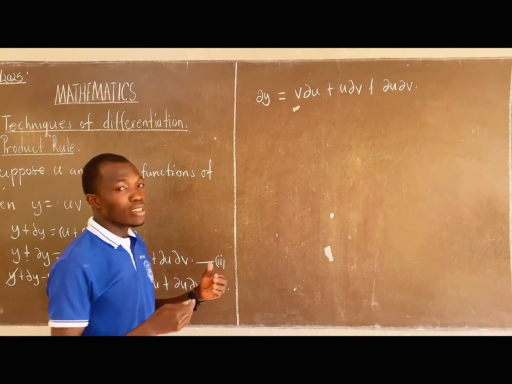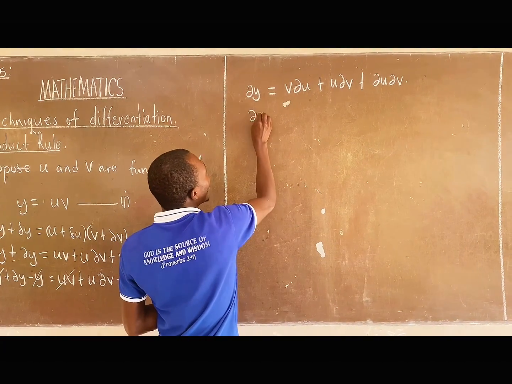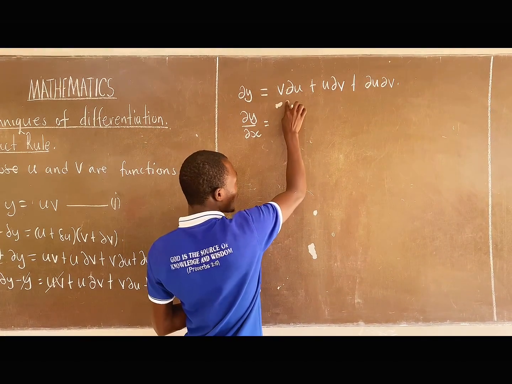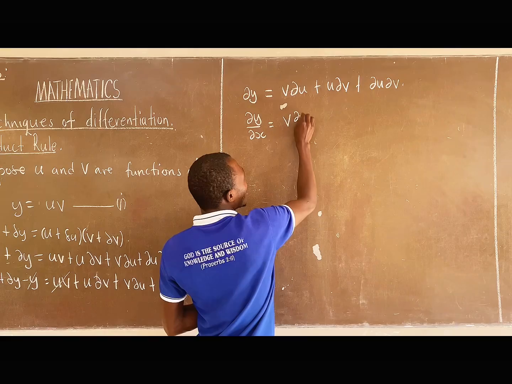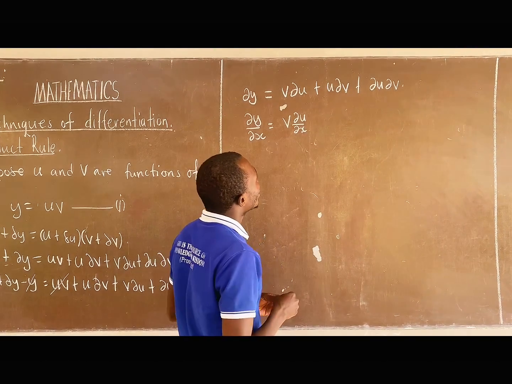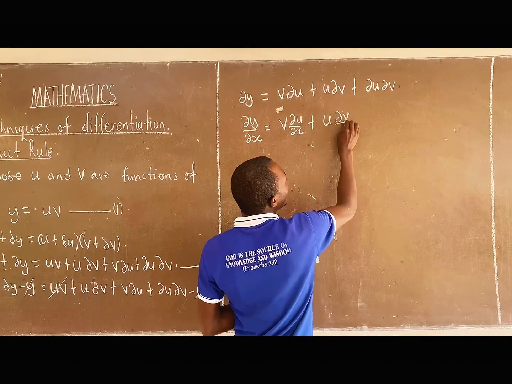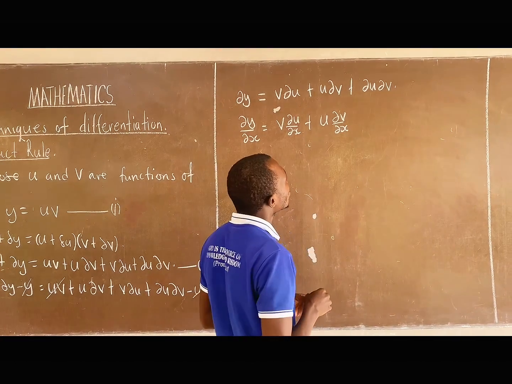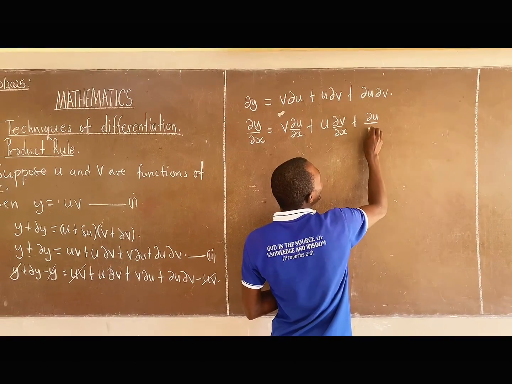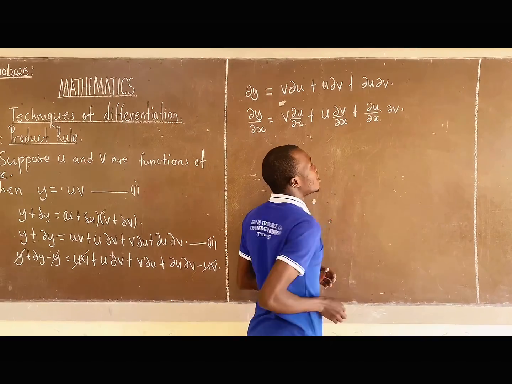We are going to divide both sides by delta x. So we shall have delta y over delta x equals v delta u over delta x plus u delta v over delta x, or small increment in x, then plus delta u over delta x times delta v.